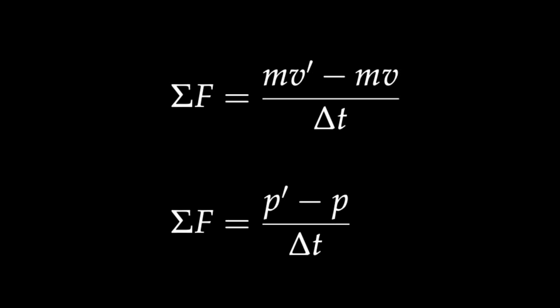When I was doing conservation of energy, or the work-energy theorem, I ended up with a quantity that was the difference of a term that I'd never seen before, 1/2 mv squared minus 1/2 mv naught squared, a new quantity. The same thing has happened to me here. Here in the numerator, I have a quantity which is the mass times the final velocity, minus the mass times the initial velocity.